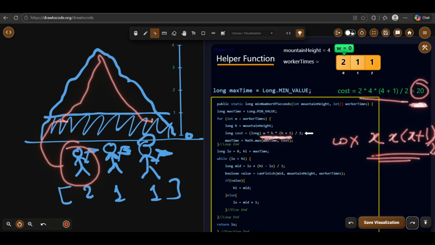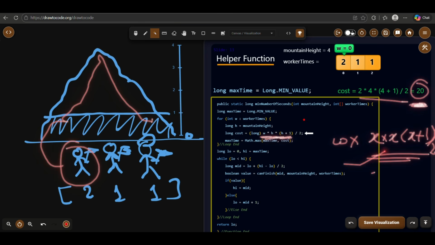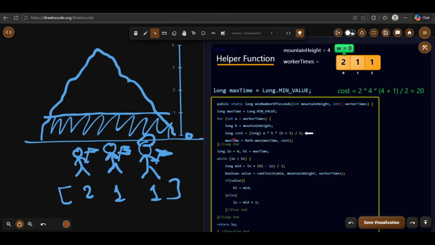This was the formula. Using the same formula, we have found that the cost required for the first worker is 20. So we will store that as max time and continue iterating to the next worker.